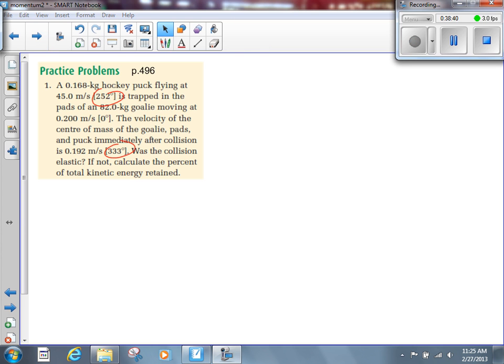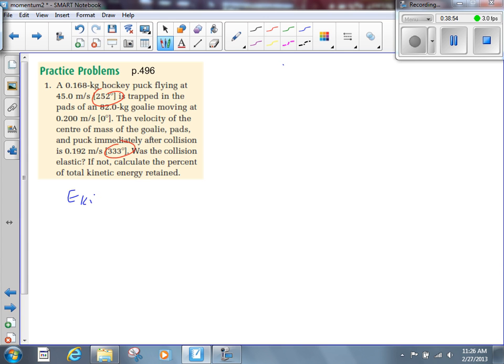How do we know it's going to be inelastic? Without doing a calculation, they don't separate. They stick together. But we're still going to do a calculation here. Our calculation is going to be a kinetic energy calculation. EKI is 1/2 m1 v1i squared plus 1/2 m2 v2i squared. Don't forget to square those v's.